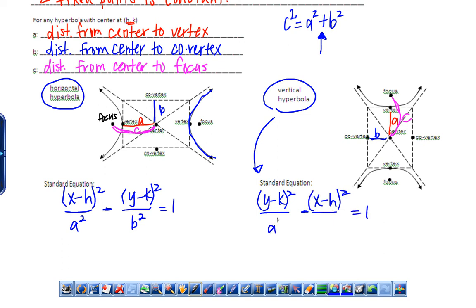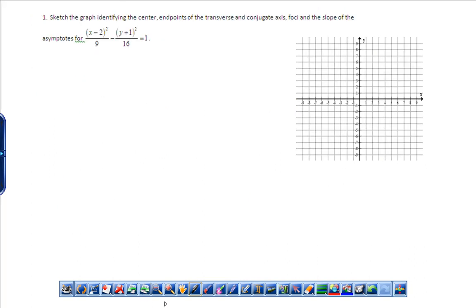Your a and your b stay the same. So this right here is what changes, not your A and your B. Okay, so that's what flips. In this case, A is always first.